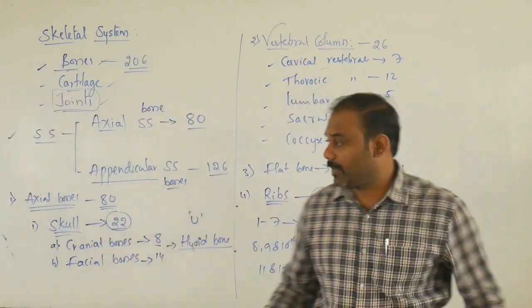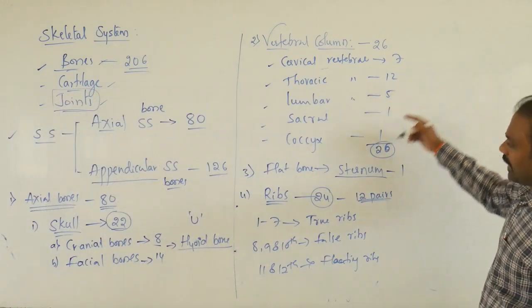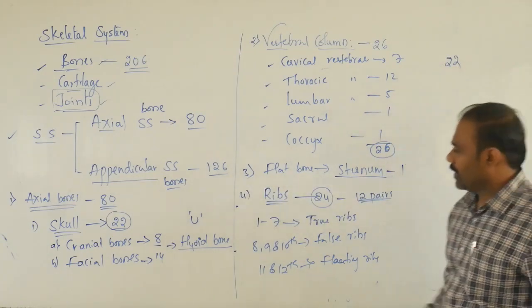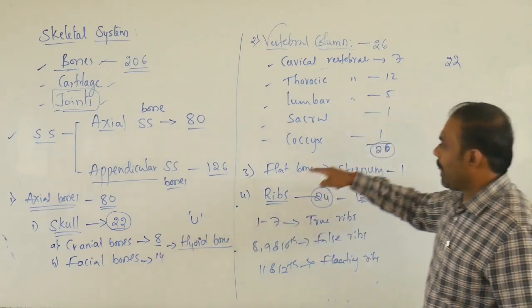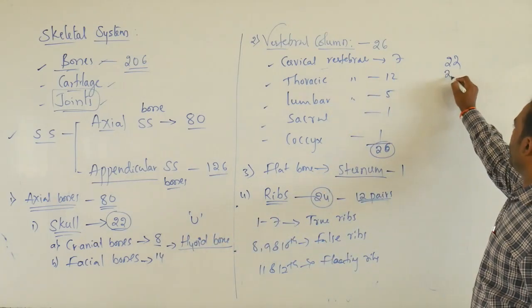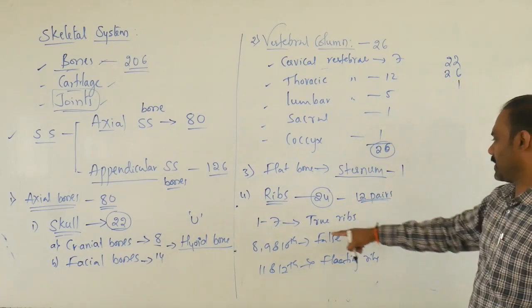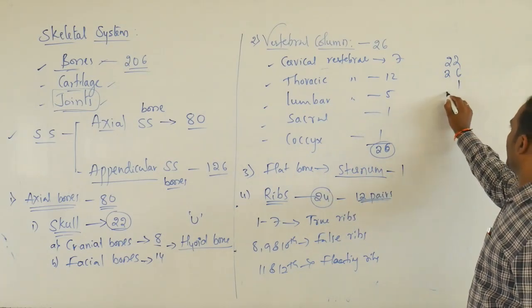Now come back to the point. Out of a total of 80 bones in the axial skeleton, first the skull 22, plus 26, plus 1 makes 27, plus ribs 24.